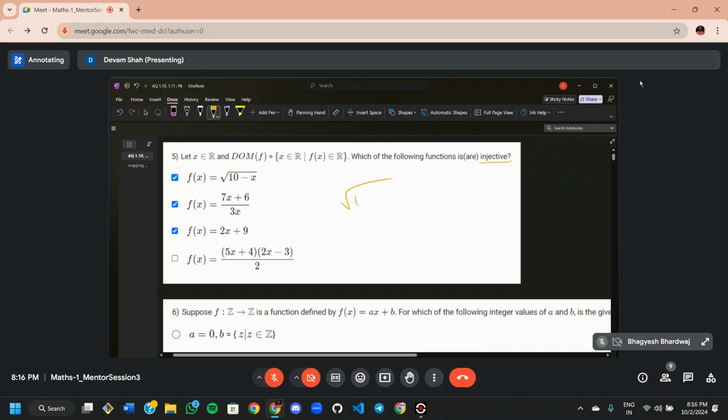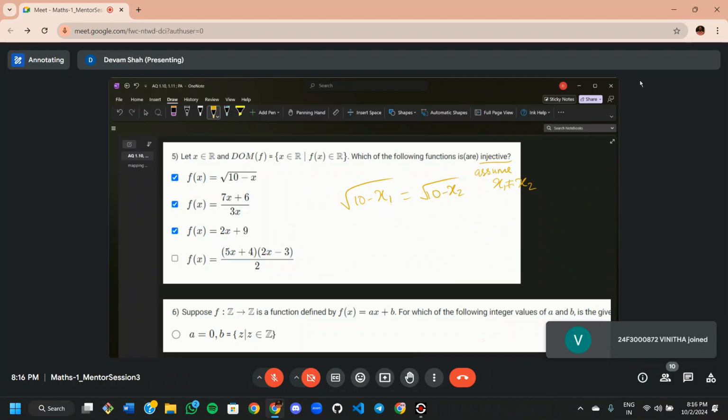Now let's take two different inputs, x1 and x2. Assume x1 not equal to x2. Is this fine? Everyone?